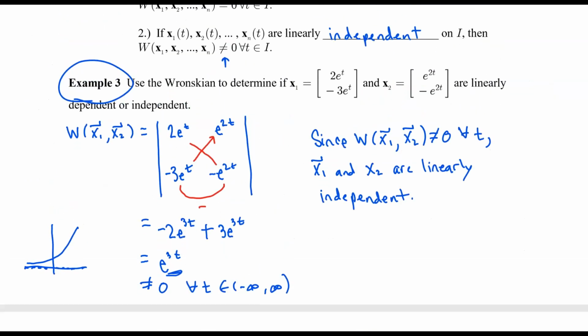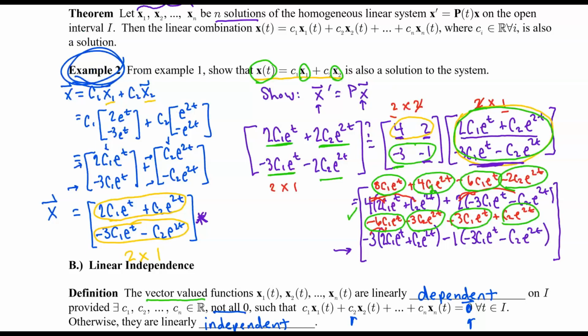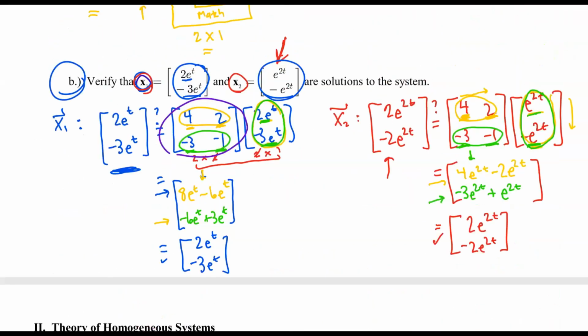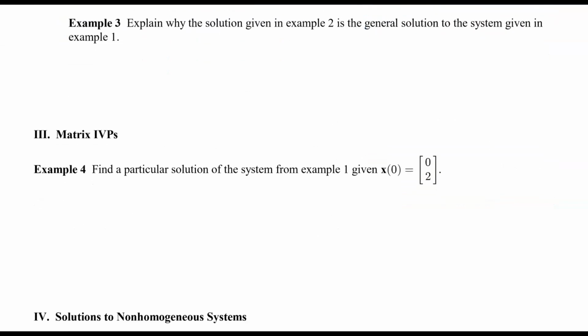So back here, we showed that x sub 1 and x sub 2 are linearly independent. And up here, we showed that their linear combination was a solution. And we know that on their own, they are a solution. So here's how we put it all together and make our conclusion.